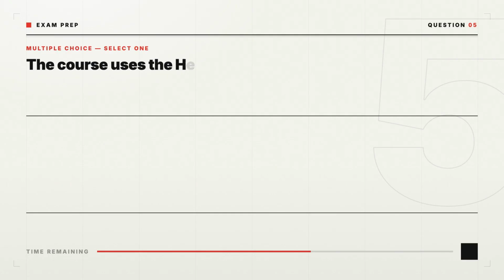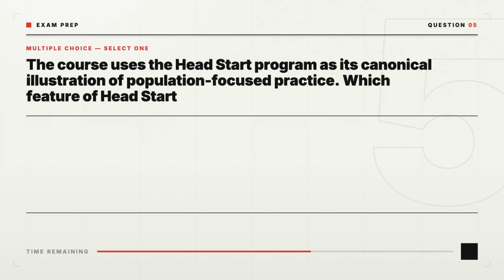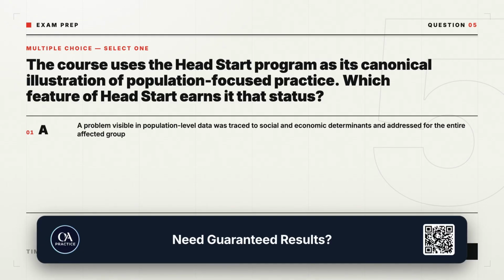Question 5. The course uses the Head Start program as its canonical illustration of population-focused practice. Which feature of Head Start earns it that status? Your options are A. A problem visible in population-level data was traced to social and economic determinants and addressed for the entire affected group.